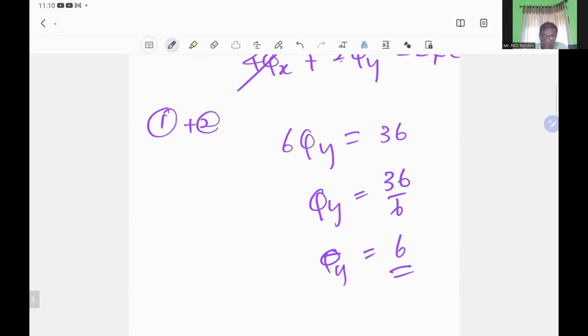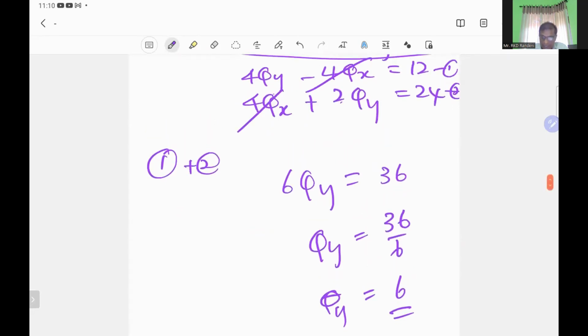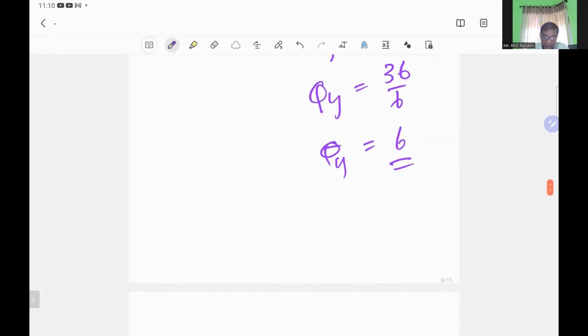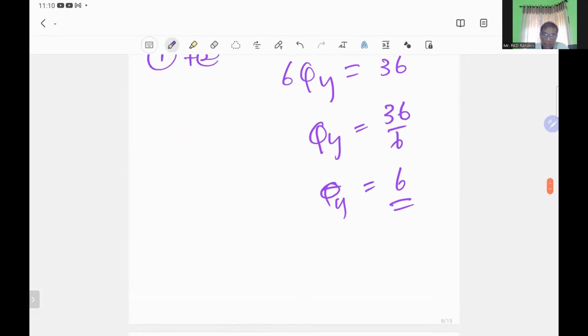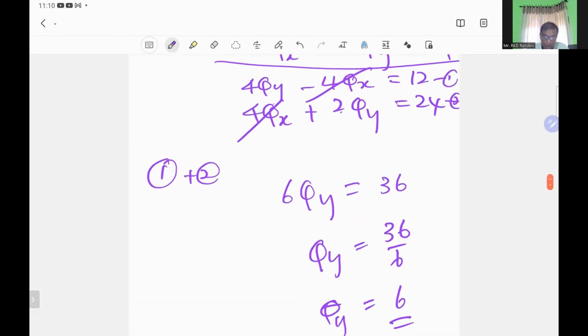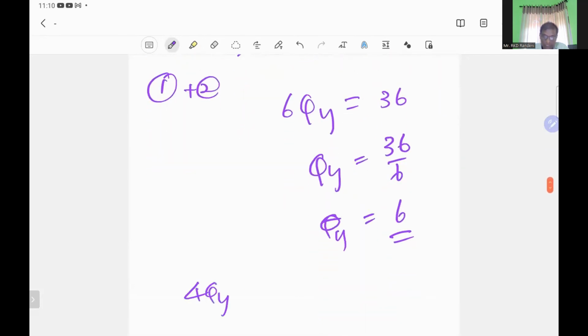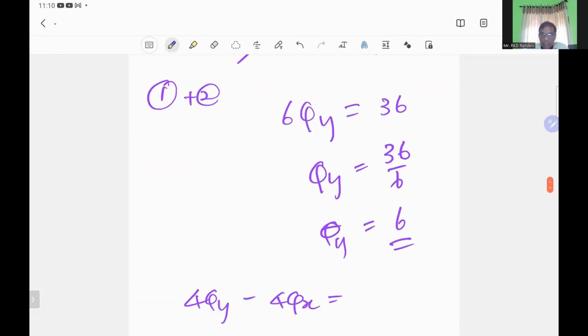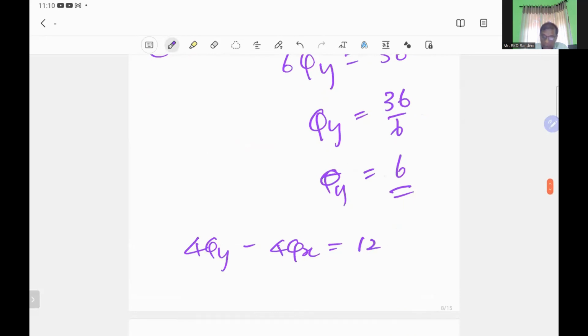Then you can substitute that qy in any of the equations, right? Substitute into equation 1. What is equation 1? 4qy minus 4qx equal 12. You can substitute qy here, that 4 into 6 minus 4qx equals 12.